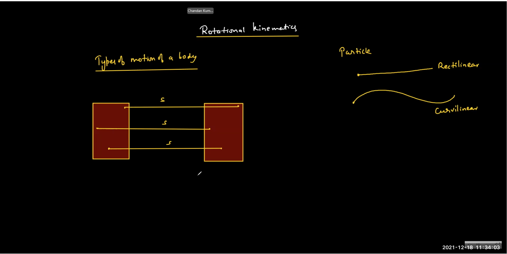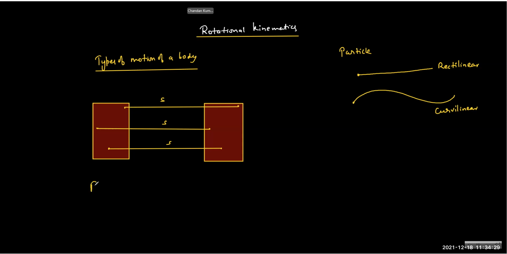And now you can see that because every point is suffering equal displacement in equal time interval, they must have equal velocity, equal acceleration, and so on. And therefore, to study the rectilinear motion, we must replace the body by one single point object, and generally we consider the center of mass.